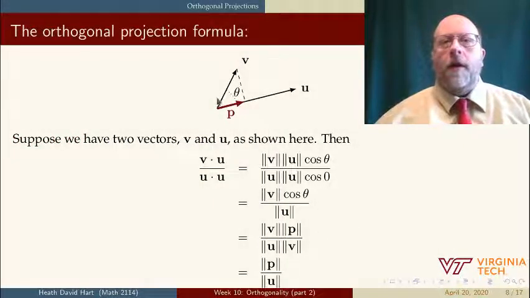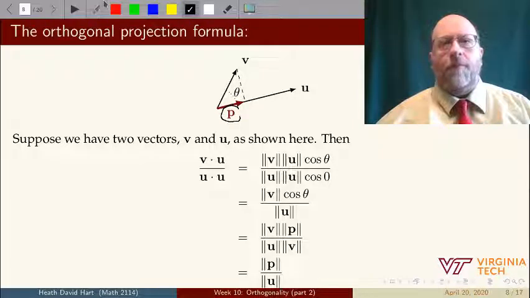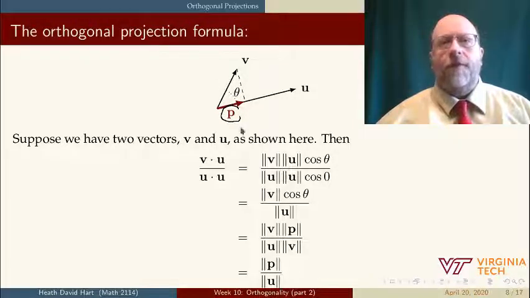So here's why this works. I have this vector u, and this other vector v that is not on the line that u generates. If I drop this perpendicular, the projection is the part that's directly underneath the vector v.